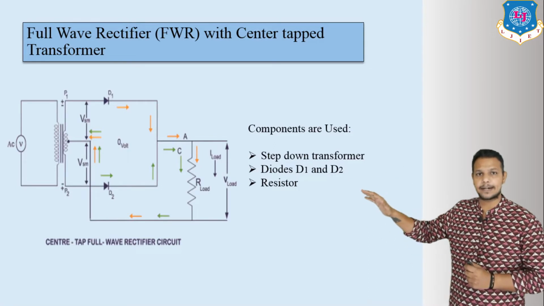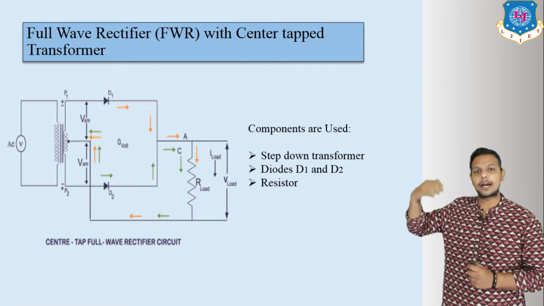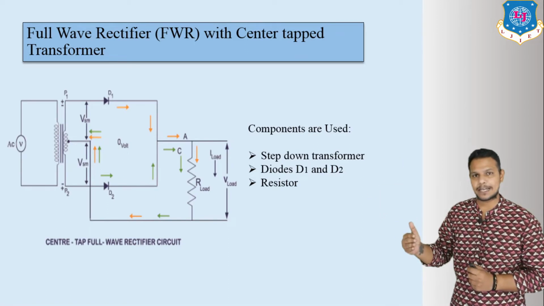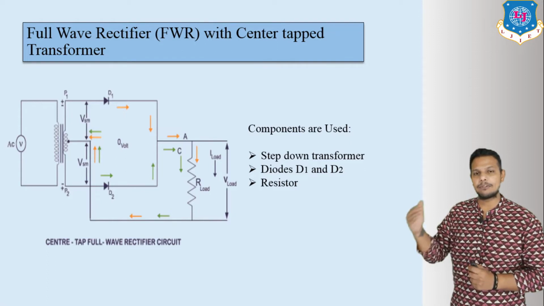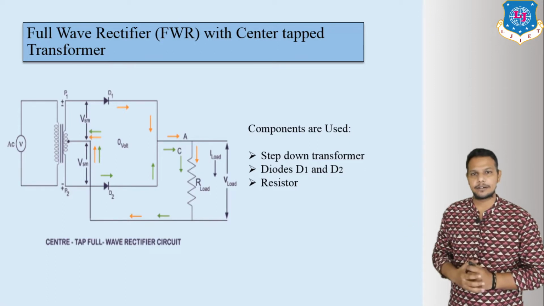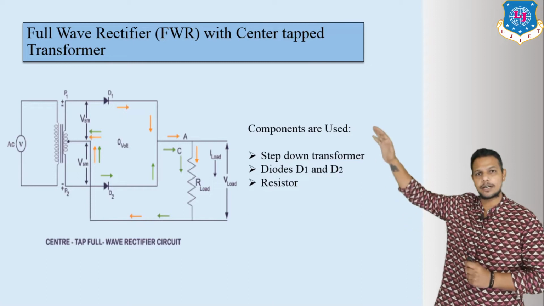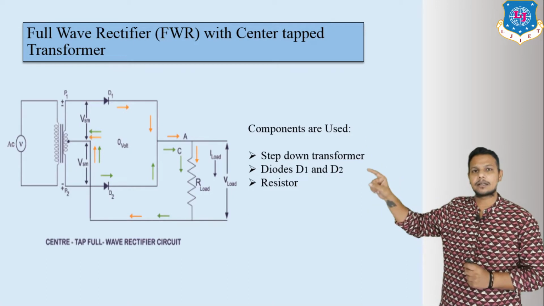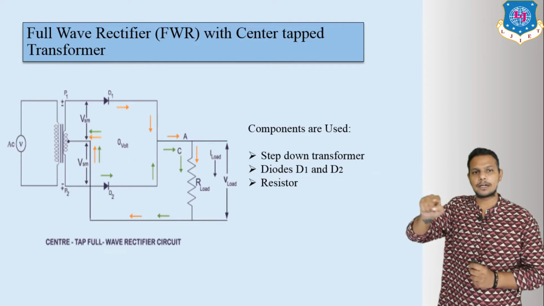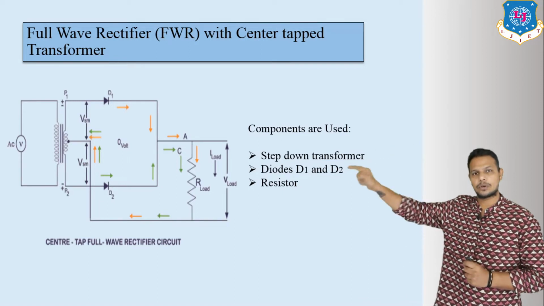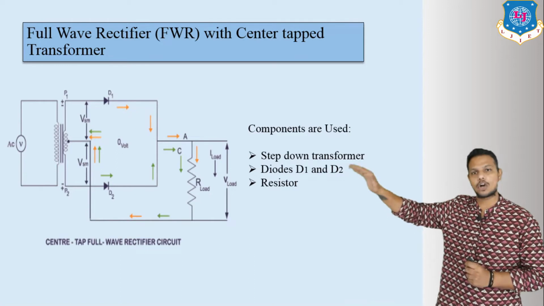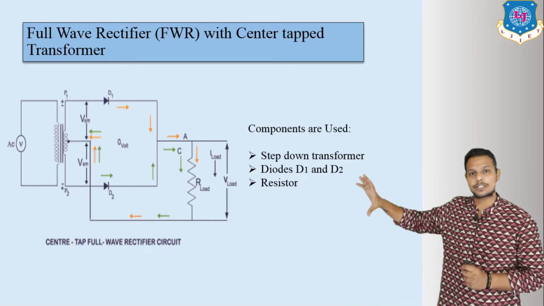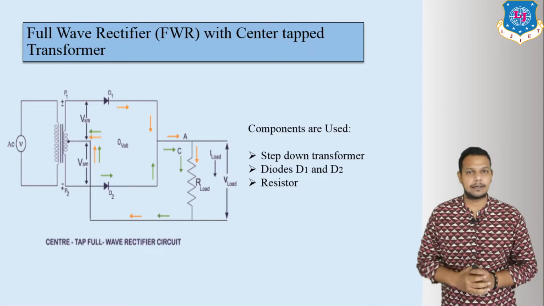We apply the positive and negative half cycles accordingly and get the output. Current flows from D1 to the O terminal, the common terminal, and we get the output across the load resistance RL.